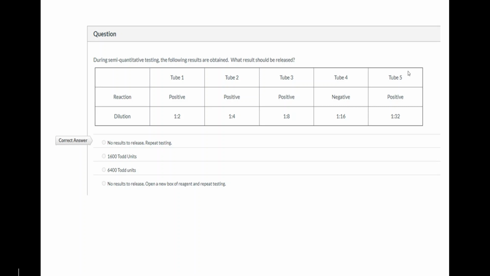It may be that tube 5 is contaminated or if tubes 4 and 5 were interchanged. Now, if that's the case, the best thing to do is to repeat the entire testing process.